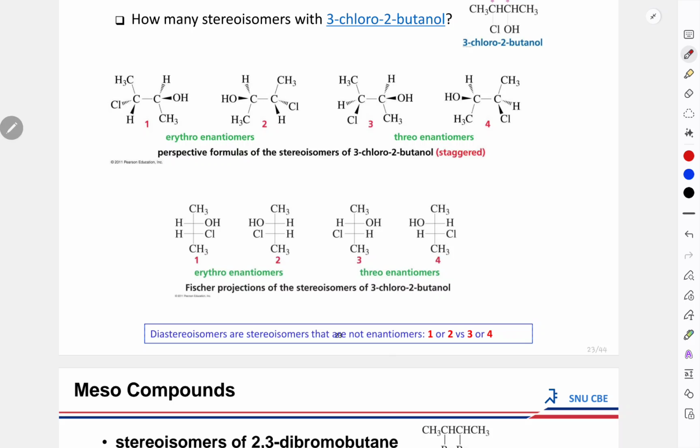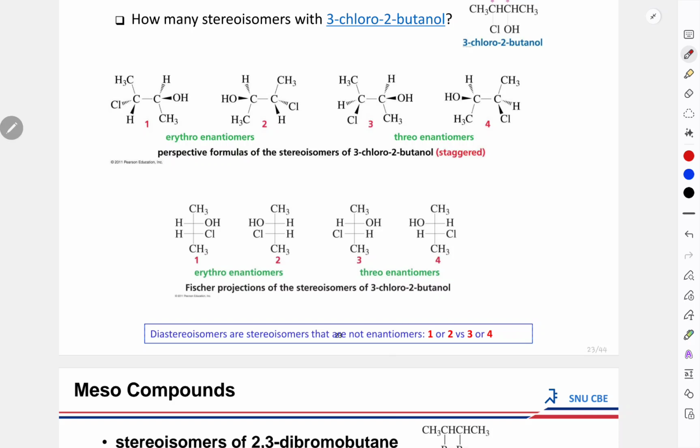You can imagine there's a mirror in between C and D. What you can notice here is that C and D are not mirror images of each other. They are actually identical. You can just rotate, and then they will superimpose. With this ball and stick model, you can rationalize why C and D are exactly the same.